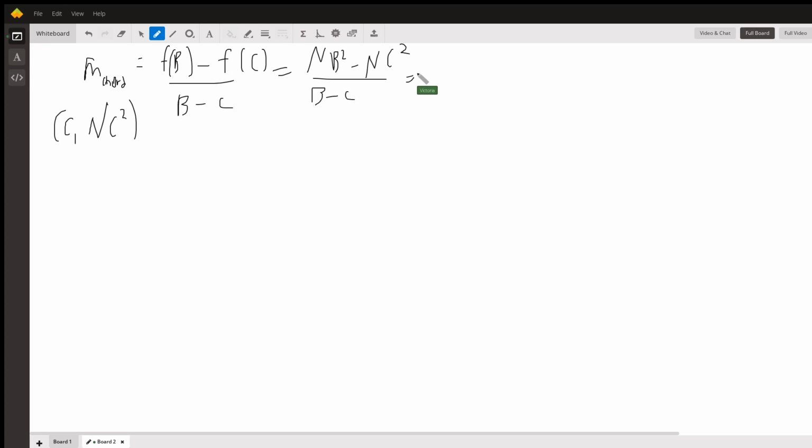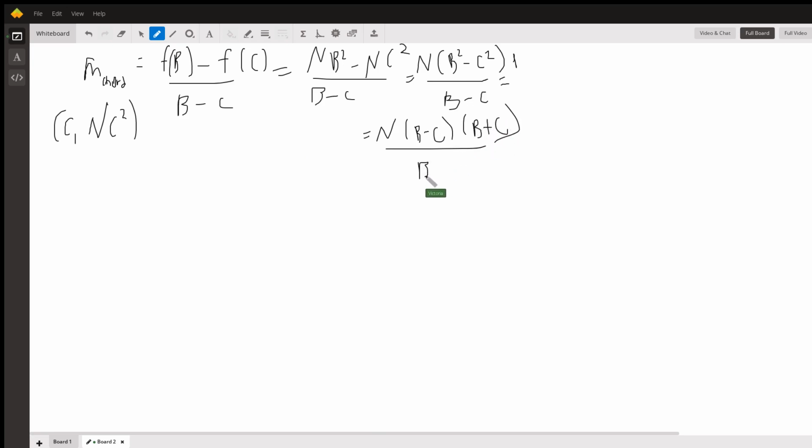And notice you can factor out an n, and then you have b squared minus c squared, which I hope you recognize as being factorable into, well, so this equals n times (b minus c) times (b plus c) all over b minus c.